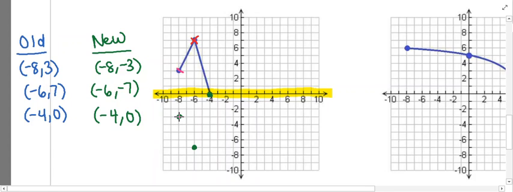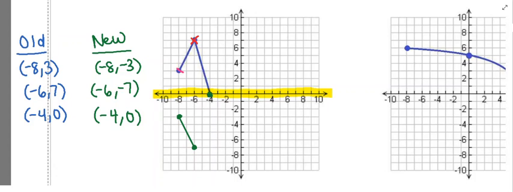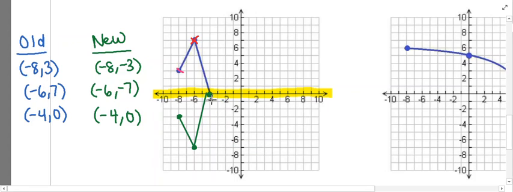We're first going to connect negative 8, negative 3 to the point negative 6, negative 7 with a line segment. Now we continue from left to right. We connect negative 6, negative 7 to the point negative 4, 0. This green graph is the x-axis symmetry that has been drawn in.